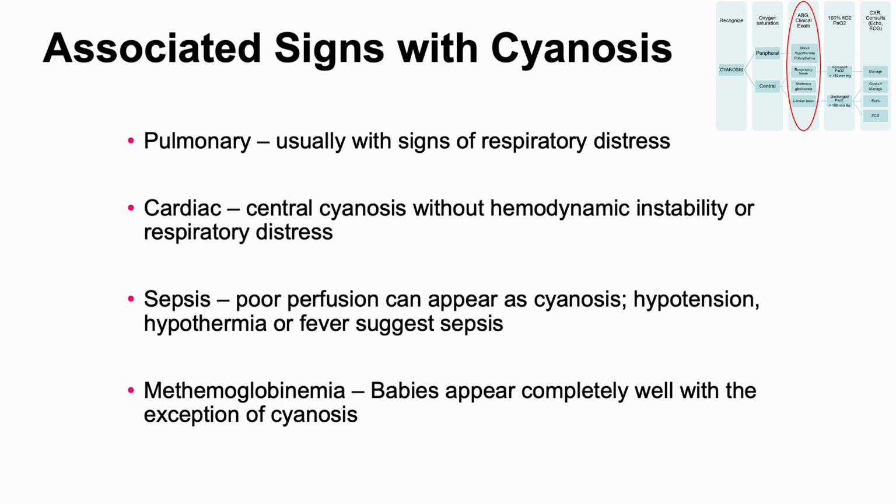You will have central cyanosis, but without any hemodynamic instability or respiratory distress. Babies are comfortably blue. Is this sepsis? Poor perfusion can also appear as cyanosis. Presence of hypotension, hypothermia, or fever suggests sepsis. Methemoglobinemia, the babies will appear completely well with the exception of cyanosis.